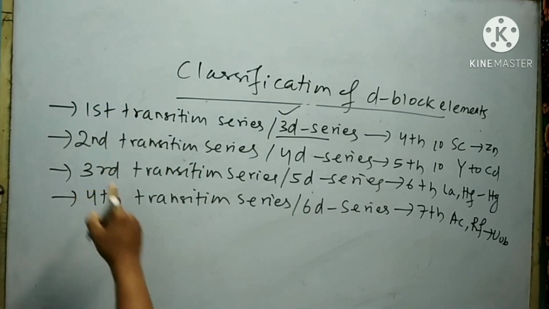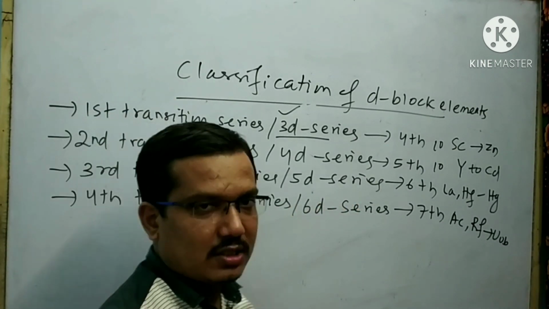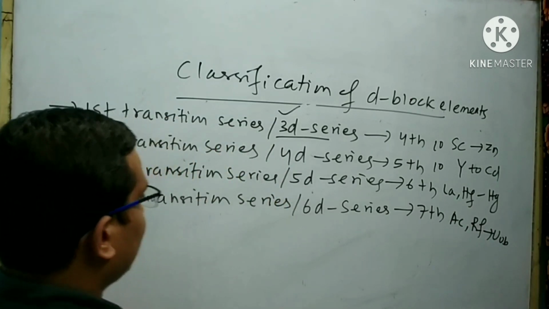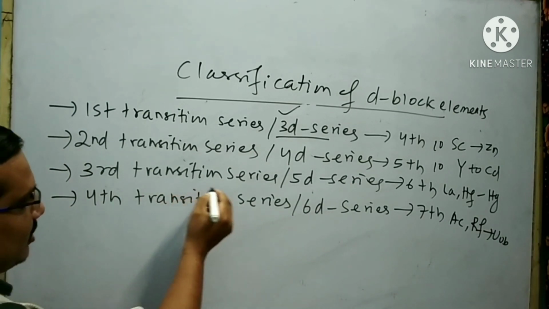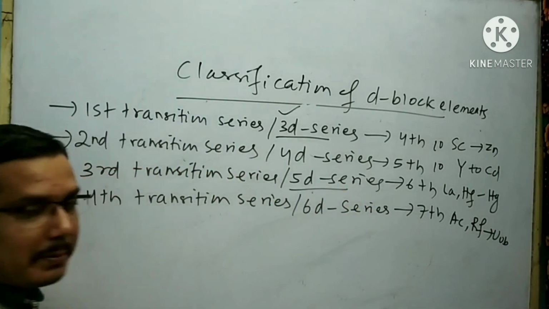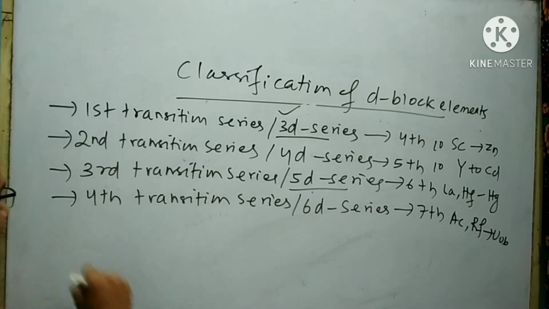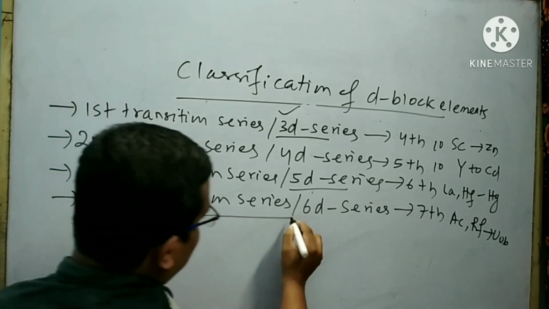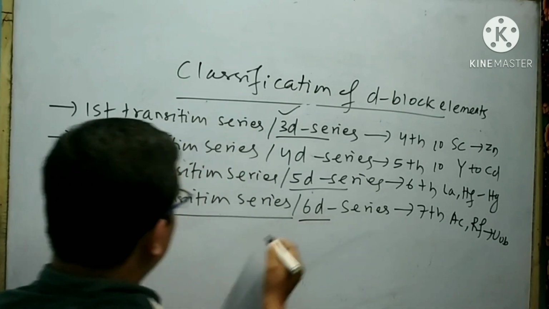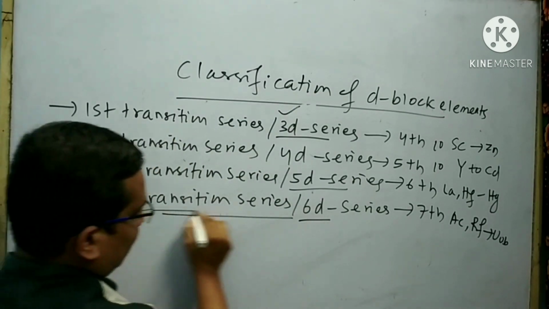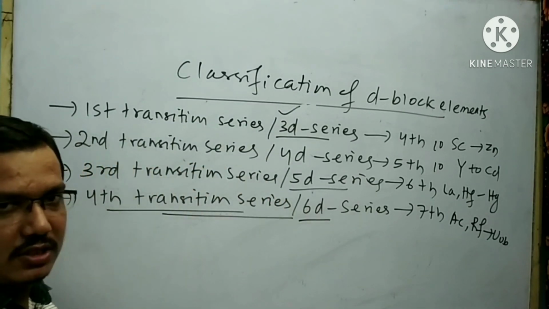In the third transition series, the last electron goes to the 5d orbital, so it is also called the 5d series. In the fourth transition series, the last electron enters the 6d orbital, so it is also called the 6d series.